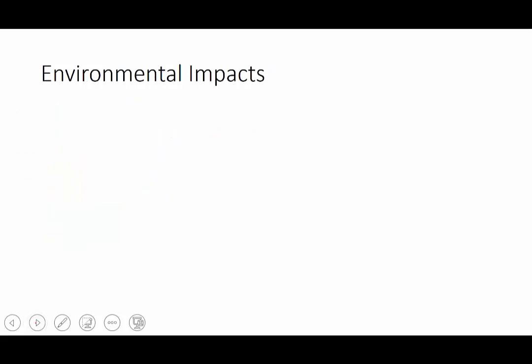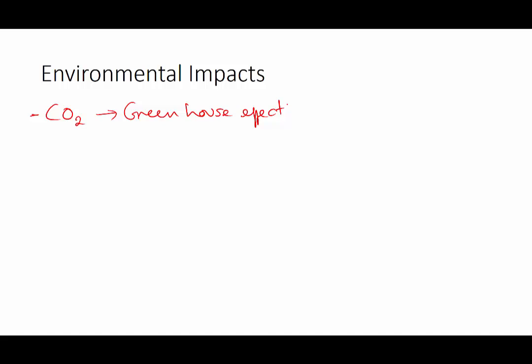So, environmental impacts. The first section of environmental impacts you need to know about is the release of substances into the atmosphere. The one that you'll be most familiar with is carbon dioxide. Carbon dioxide causes the greenhouse effect, which is where the infrared radiation from the sun gets trapped in our atmosphere and doesn't reflect out of our atmosphere as much as it normally would.